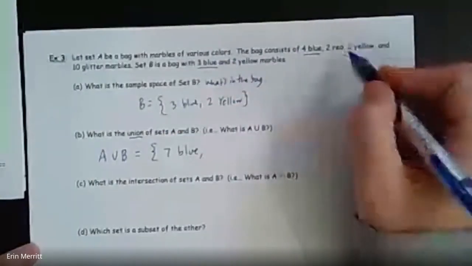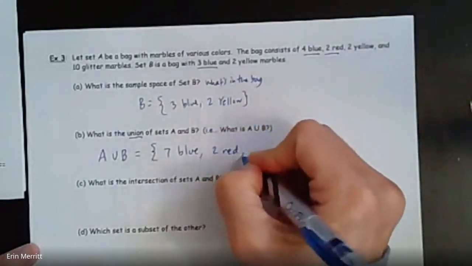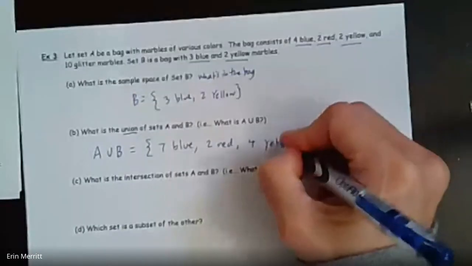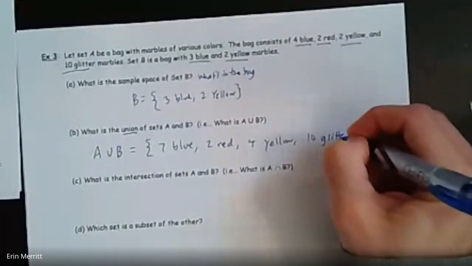So we'd have a total of 7 blue. Let's see, we've got 2 red here. We got 2 yellow and 2 yellow for 4 yellow. And then don't forget your 10 glitter marbles.